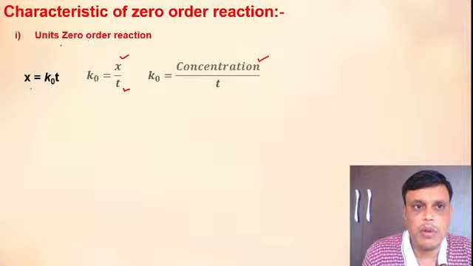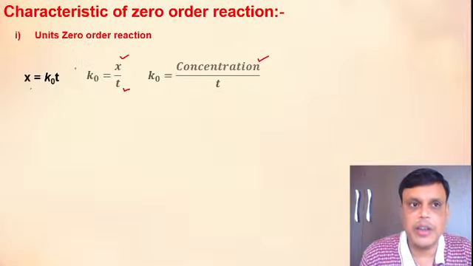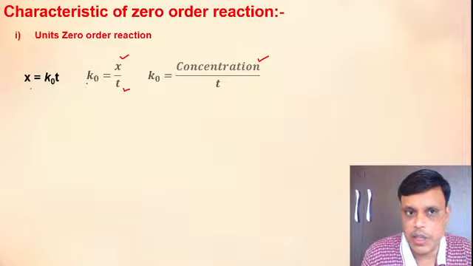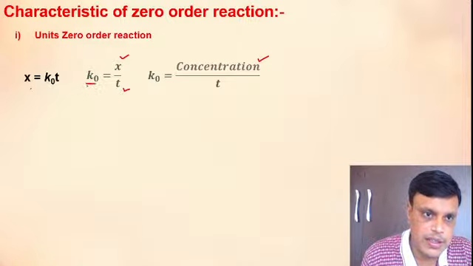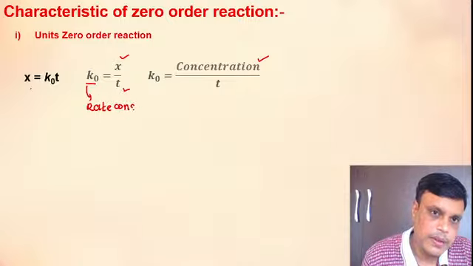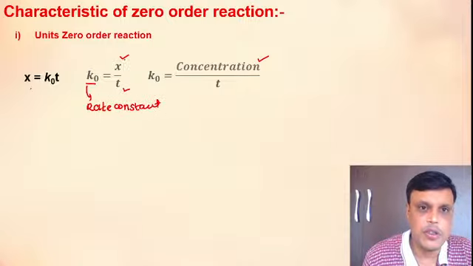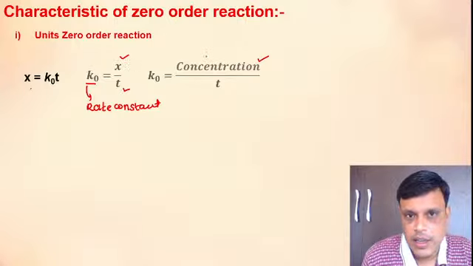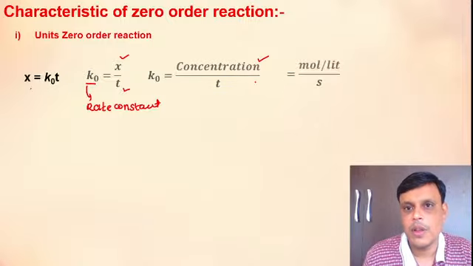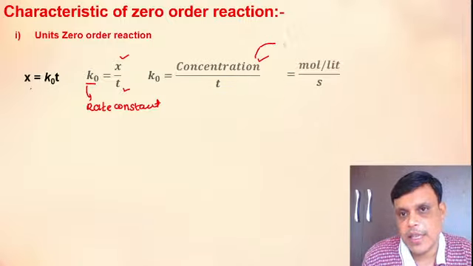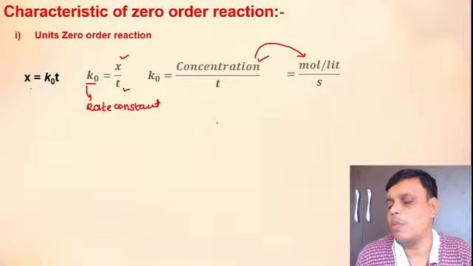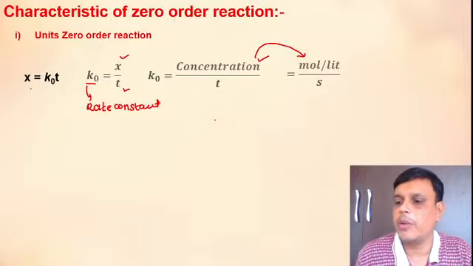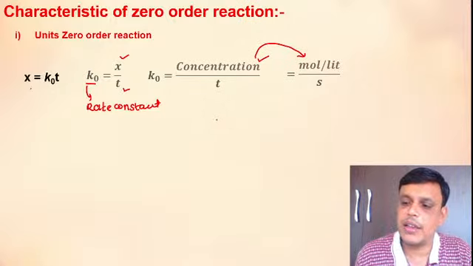What are we looking at? We are deriving the unit of zero order reactions. So k0 is the rate constant for zero order reactions. This x is a concentration divided by time. Concentration is generally expressed in moles per liter, because we are taking concentration in molar.